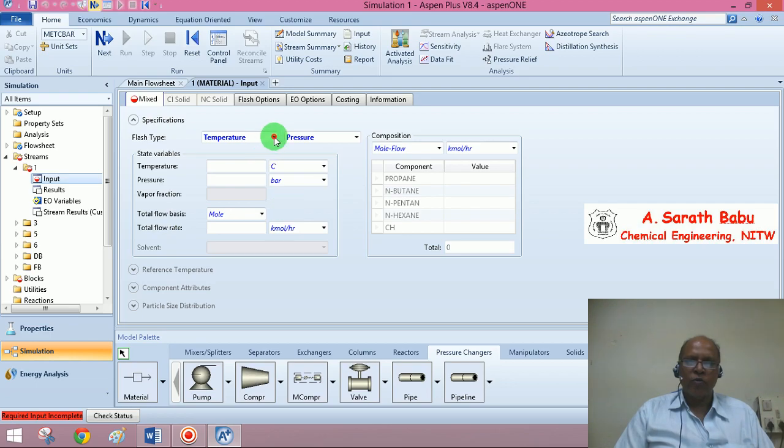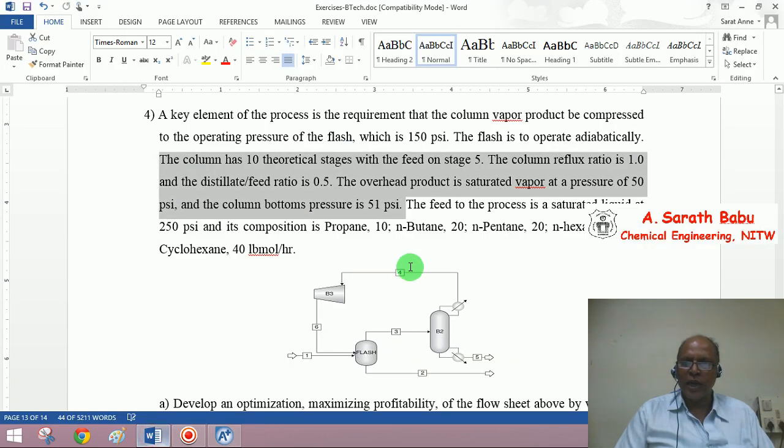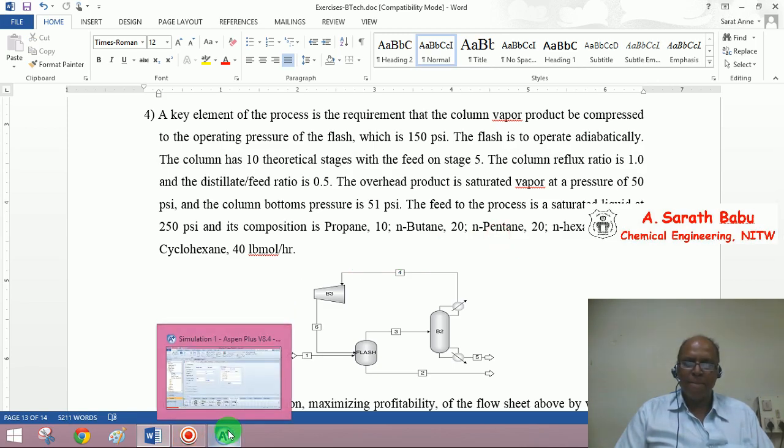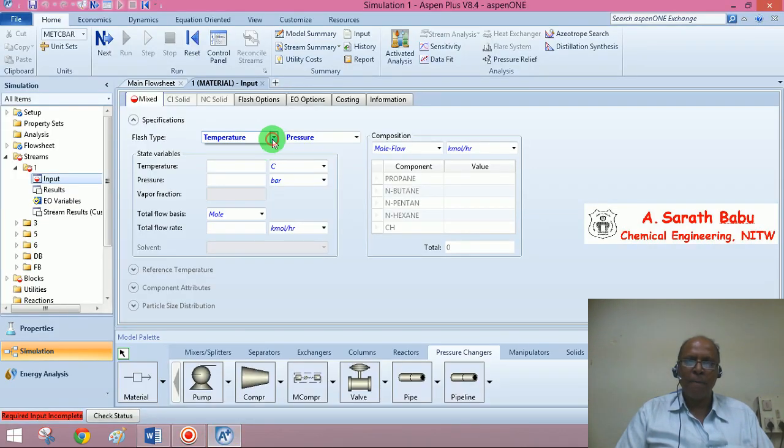We were given, I think it is saturated liquid at 250 psi. Vapor fraction, this should be 0. Pressure is 250 psi. Let me change this to English unit system.